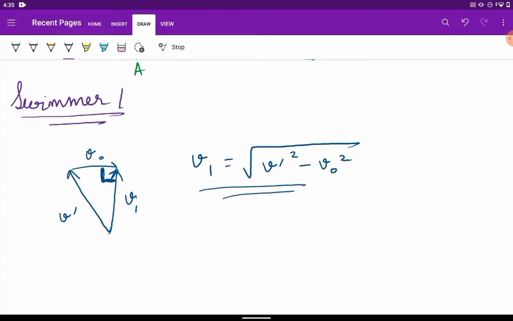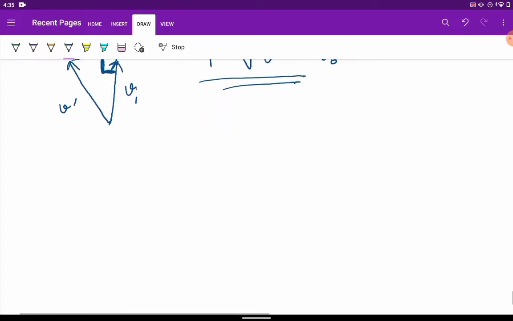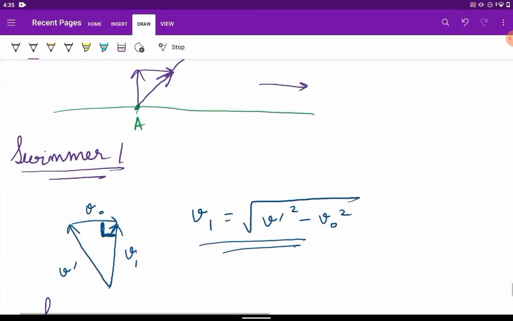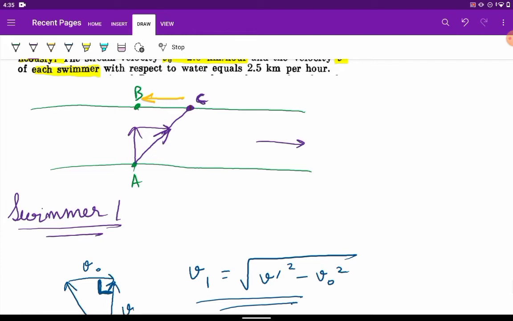So that's the magnitude. Got it. Now we go for swimmer 2. Before that, let's consider this distance to be d for now.